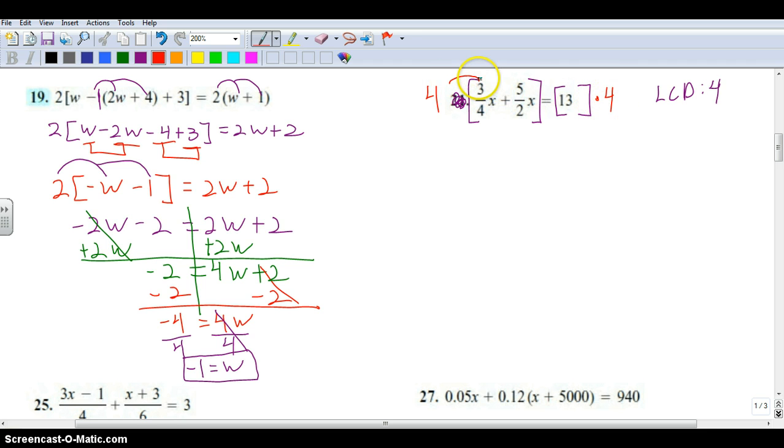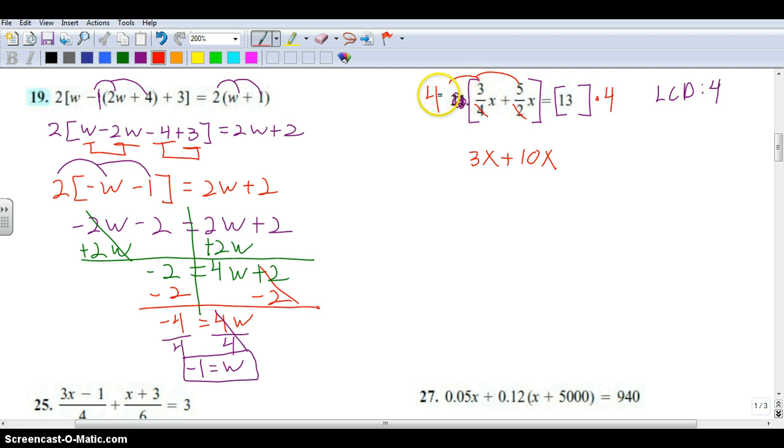So on the first one, when you distribute it, the 4 just cancels out, so I'm left with just 3x. On the second one, though, the 2 will reduce with the 4 down to a 2, so you're going to be left with 2 times 5, which is 10, and then we still have that x. So hopefully everybody's seeing what's happening here.